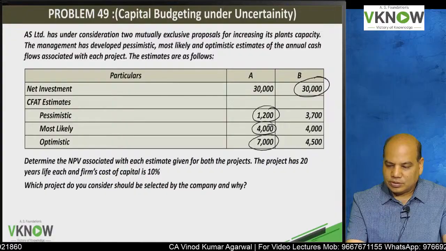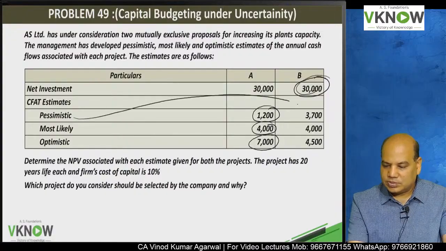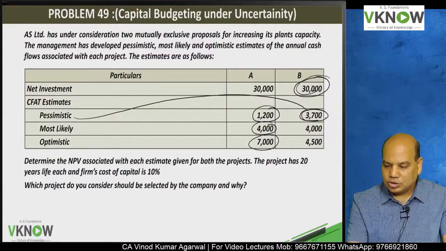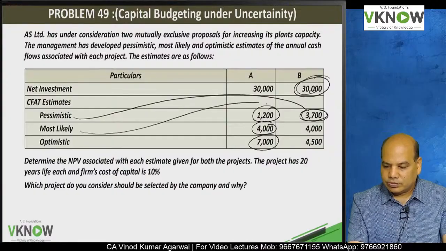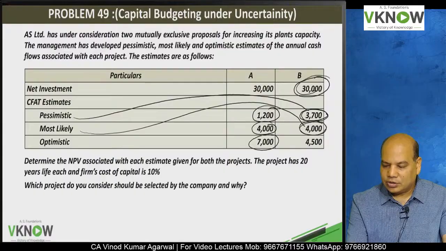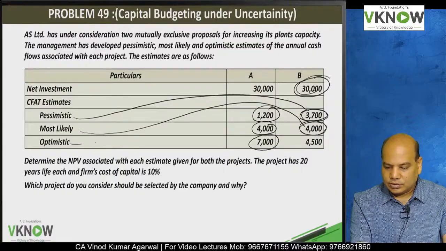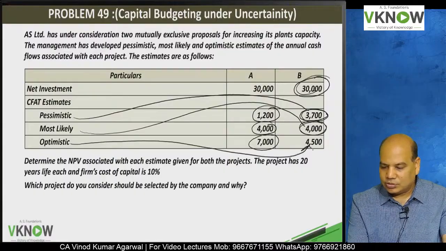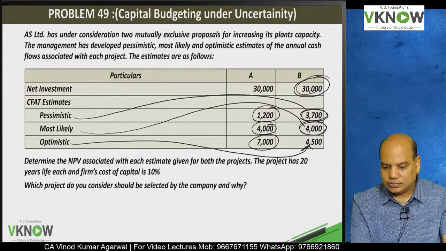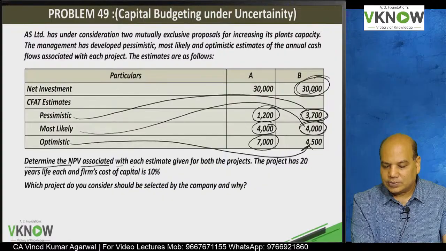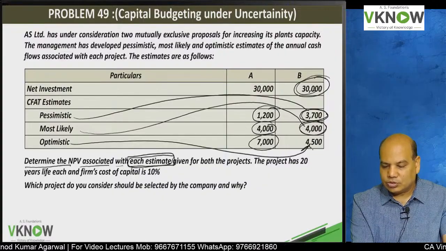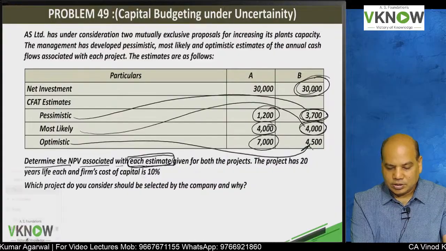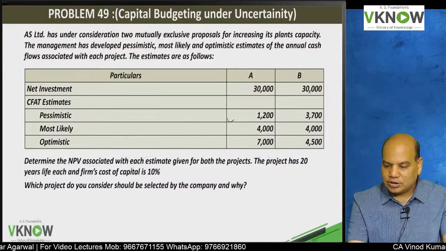In case of project B, investment is the same, but in the pessimistic scenario, you will get 3700. In the most likely scenario, 4,000, and in the optimistic scenario, 4500. Determine the NPV associated with each estimate.